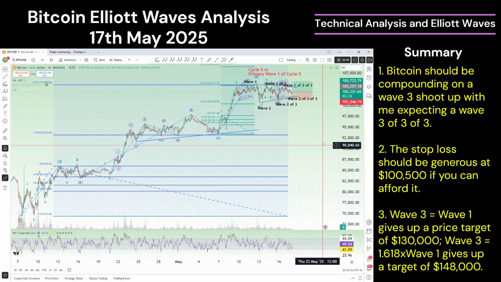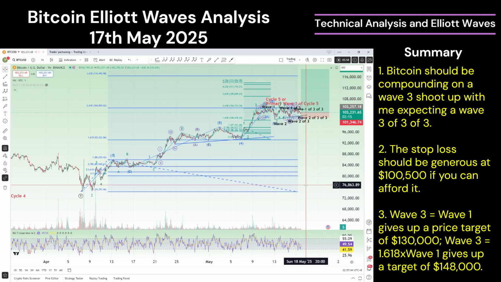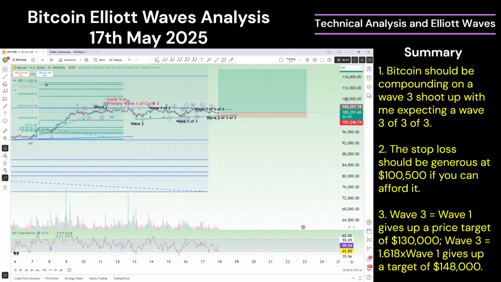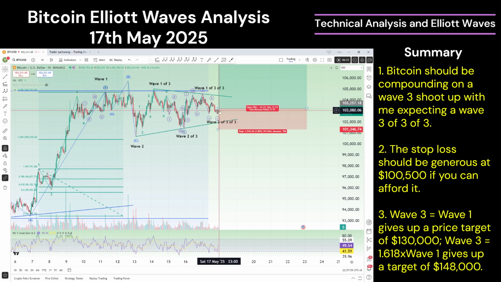Right, so over here, the target is going to be really really high. Okay, because if you're going to use wave one as a target, like 74,000 to, what is this price? Let's use this, right? Use this instead of this. 74,000 to is about 30,000, right?